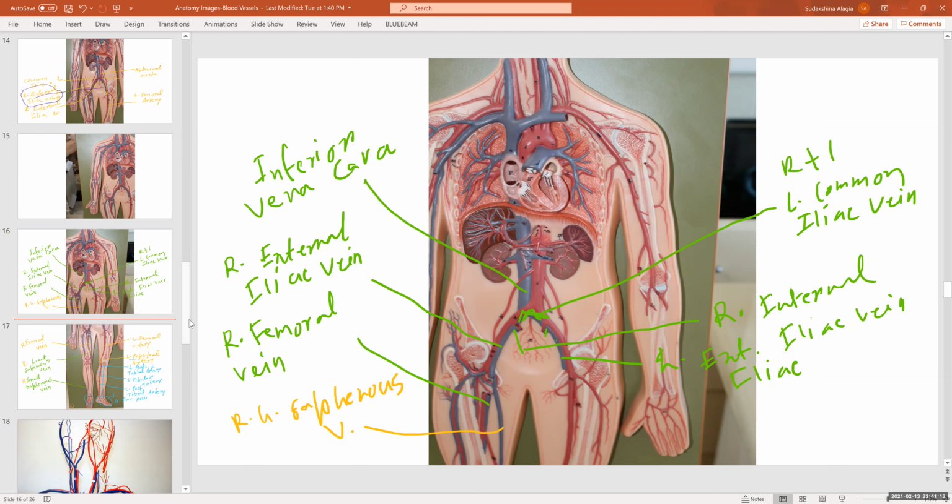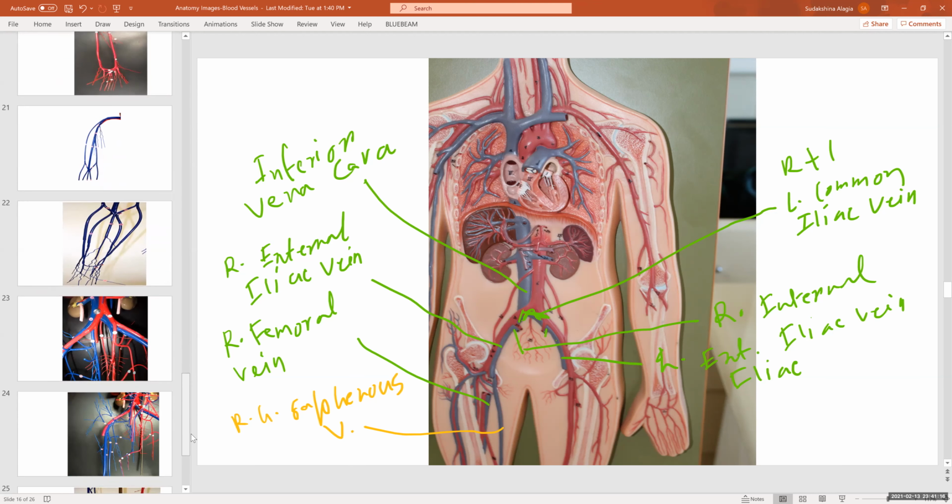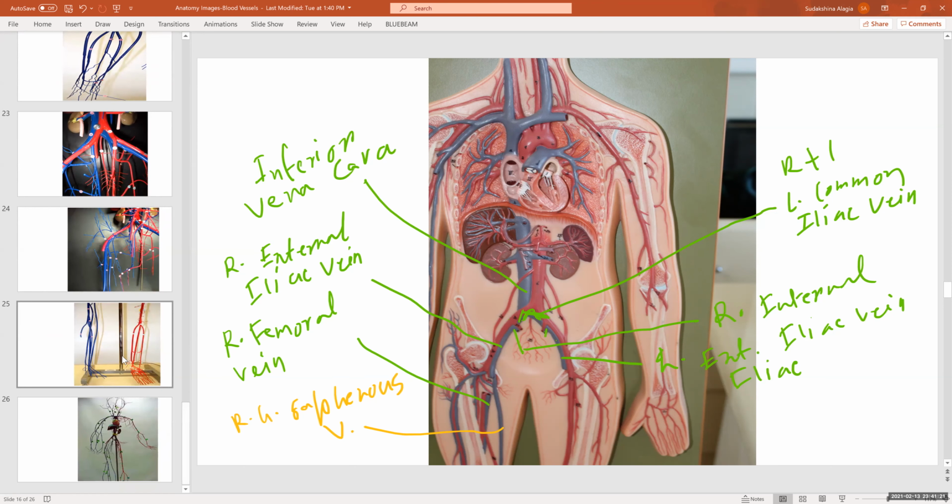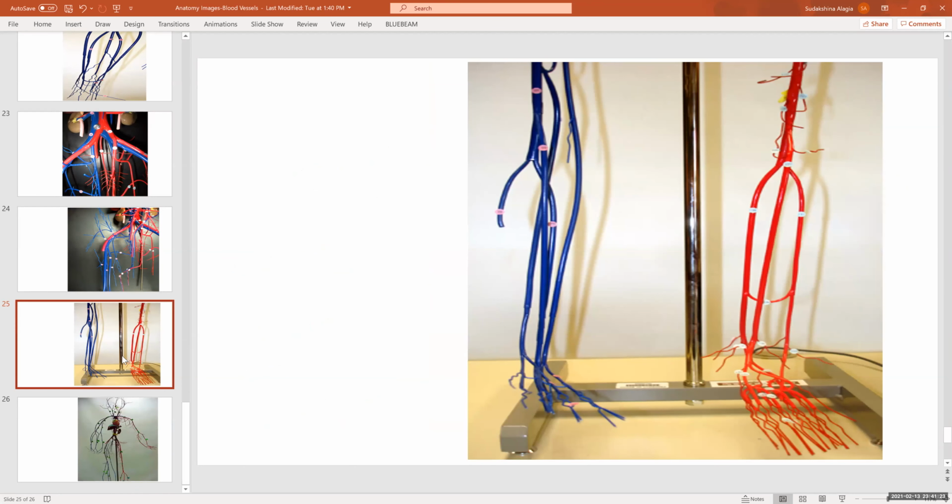I'm quickly going to show you the vessels on the Wehrmann model. So we'll start with this. I'm not using the slideshow mode because it's hard to see the pen. And it's a bit late at night.